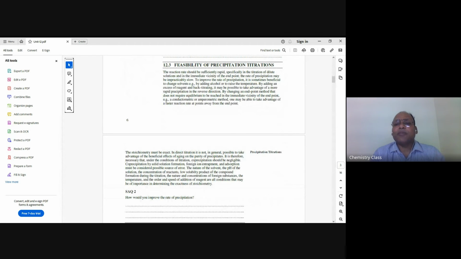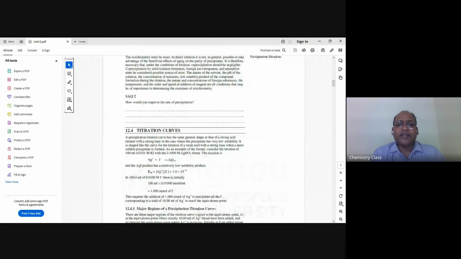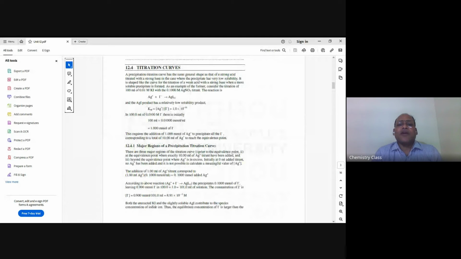So, feasibility of the precipitation titration. Titration curves. A precipitation titration curve has the same general shape as that of a strong acid titrated with a strong base. We have discussed strong acid with a strong base, so it is similar.